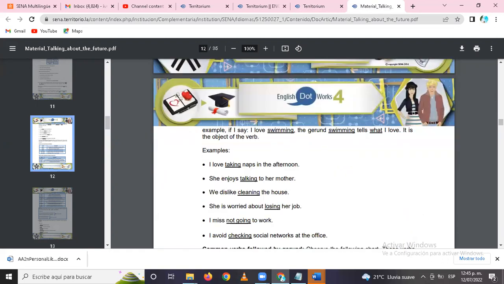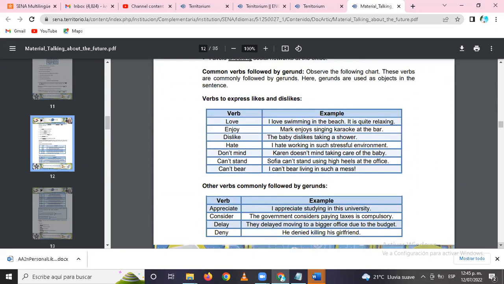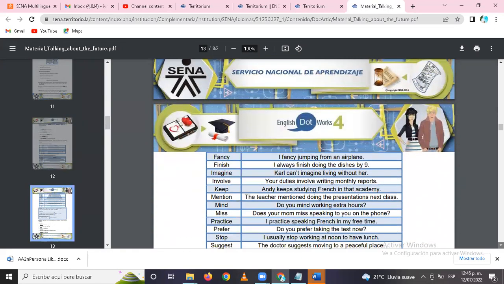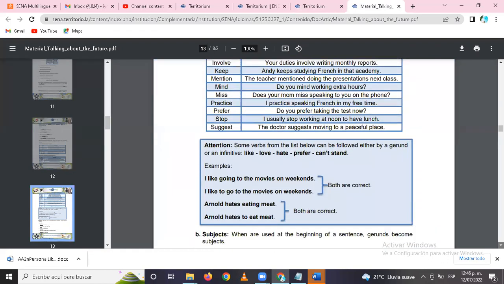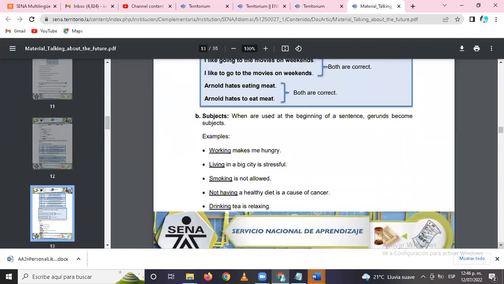So here we have some more examples. As subjects, working, for instance, look here, as nouns and subjects.